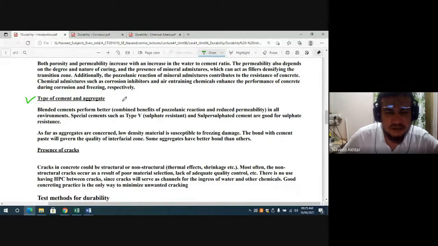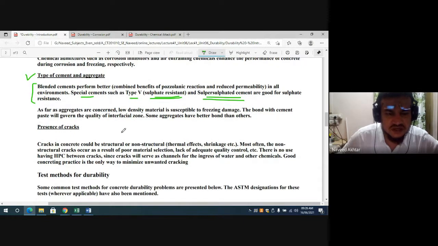Blended cement means cement mixed with cementitious material, in all environments. Special cement such as Type V, that is sulfate resistant cement, or supersulfated cement, you can use where sulfate resistance is required. If sulfate is present in your soil or near the seashore, you have to use this type of special cement to reduce the attack of the sulfate.